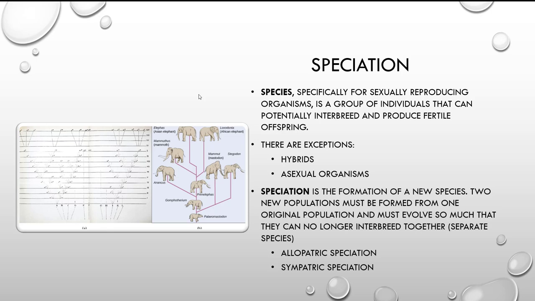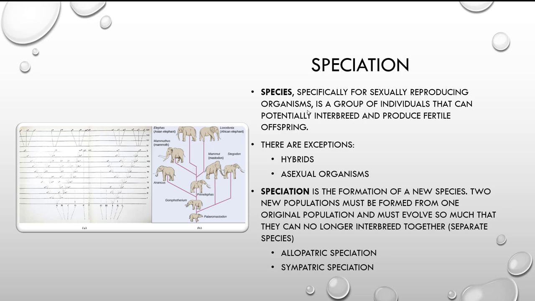But there are some exceptions to the rule. We do know that there are what we call hybrids out there. There are some individuals where we can take an individual from one species and mate it with an individual from another species and produce a hybrid.